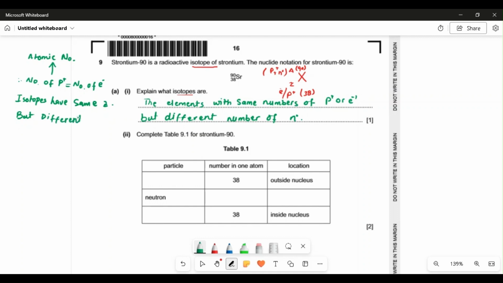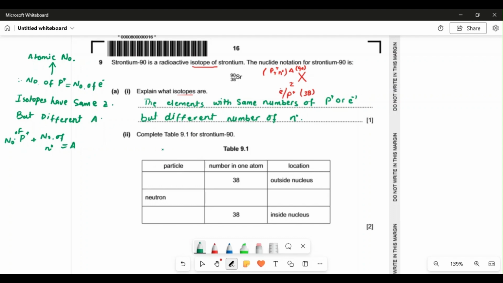The mass number is A, which contains the number of protons plus the number of neutrons.